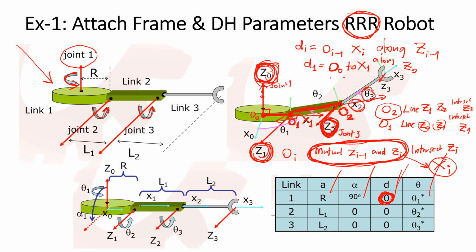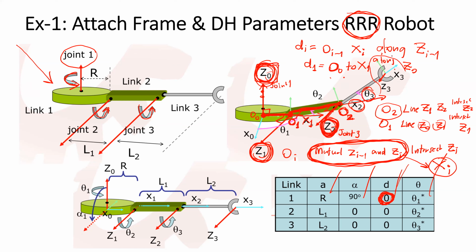The relationship between x1 and x2, and x2 to x3, is similar, but for frame 3, it's not a joint, it's just an end effector.